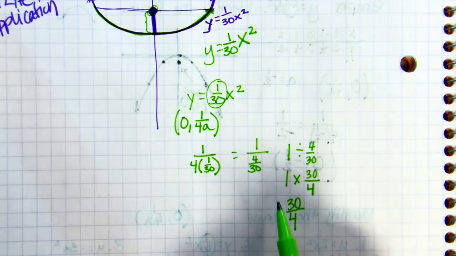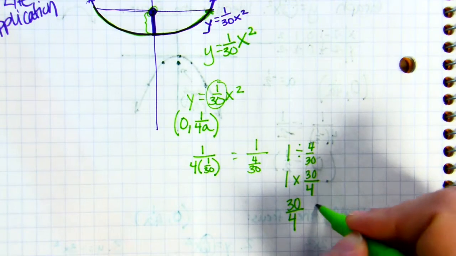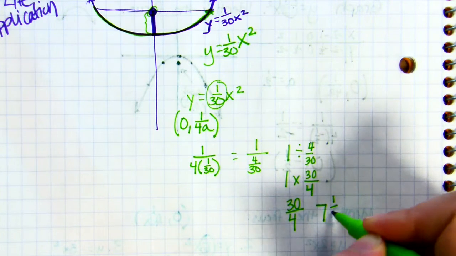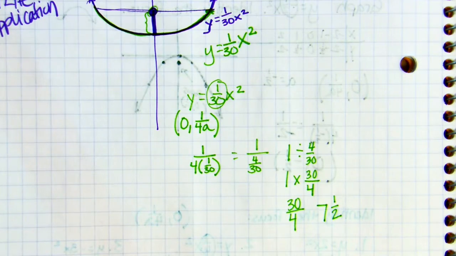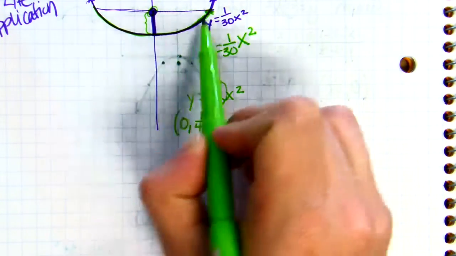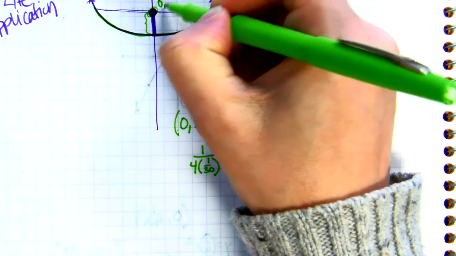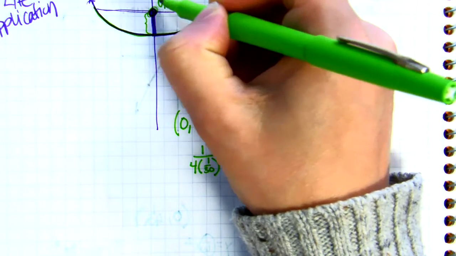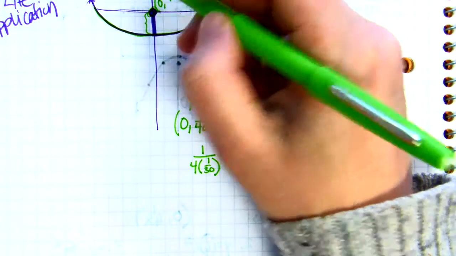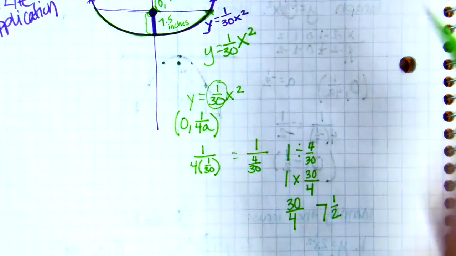Now that will simplify to, let's see, 4 goes into 30 7 times with 2 left over. So that will simplify to 7.5. So if we're thinking about this in terms of inches, then this is at (0, 7.5), which means this receiver arm is 7.5 inches long.